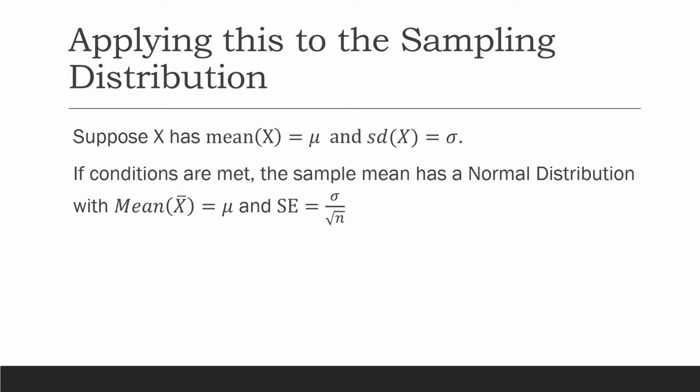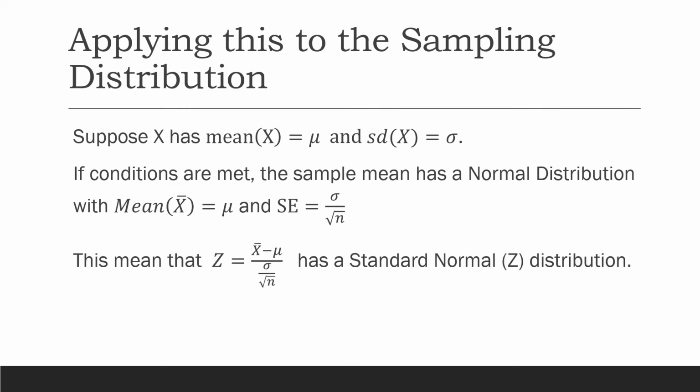Since that's a normal distribution, that means that if we calculate the z-score, taking x bar minus the mean of its sampling distribution, mu, and dividing by the standard error, that z random variable is going to have a standard normal distribution.